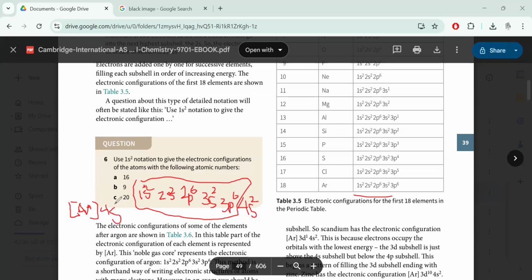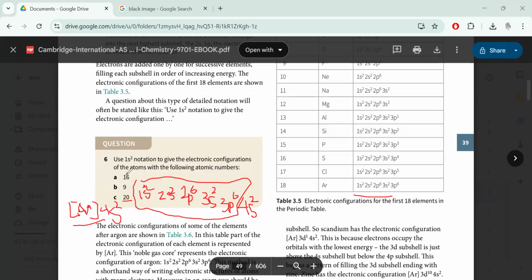It technically means the same. People will know that the atomic number of argon is 18, and here we have 2, so 18 plus 2 equals 20. This is the short way of writing electronic configurations, and you can find this on your periodic table. It's pretty common, since a really long electronic configuration takes up much space, but if you write the closest noble gas, it becomes much more efficient.